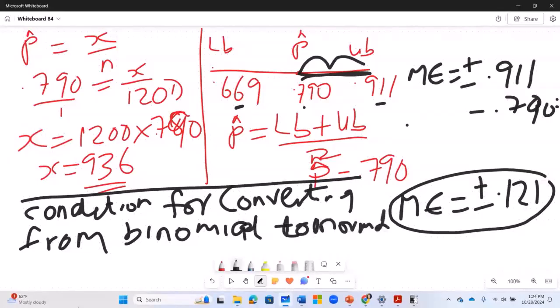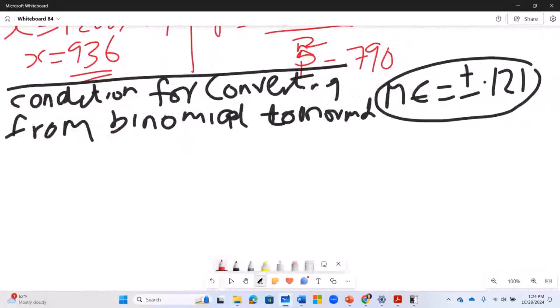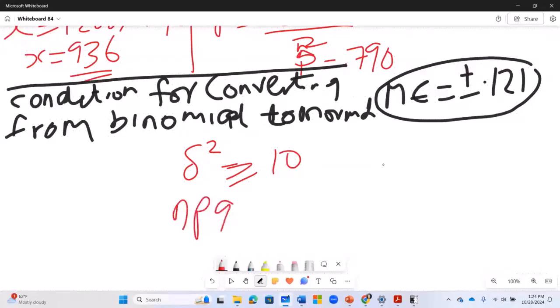The first condition is that the variance must be greater than or equal to 10. So what is the variance? Variance is n times p times q. It must be greater than or equal to 10. That is condition number one.